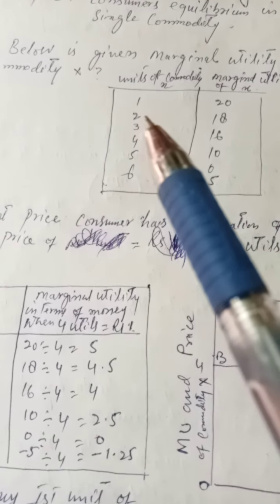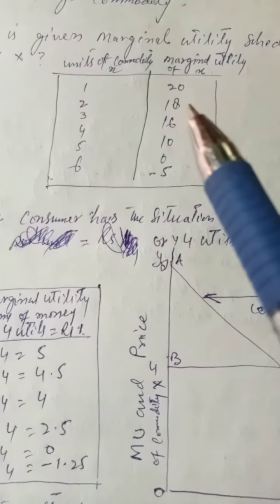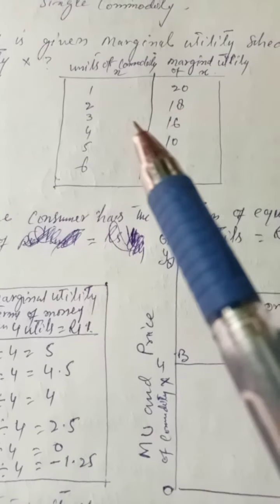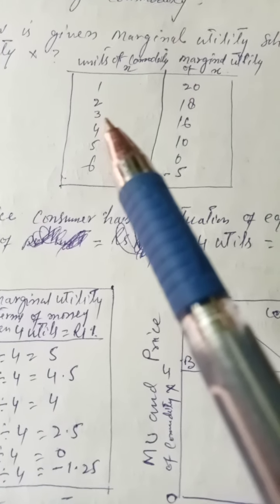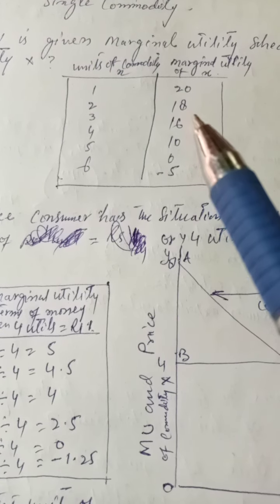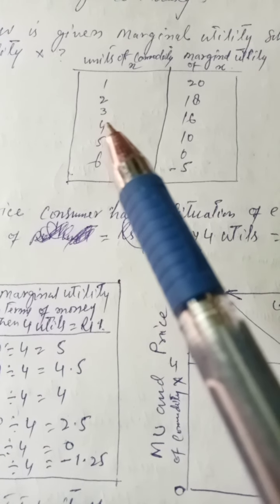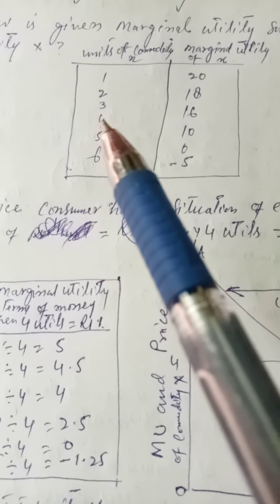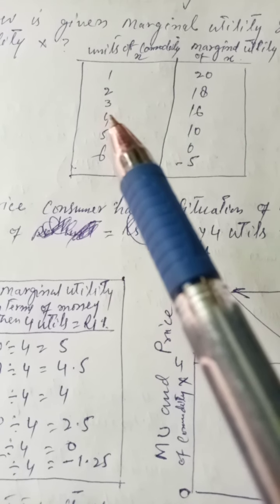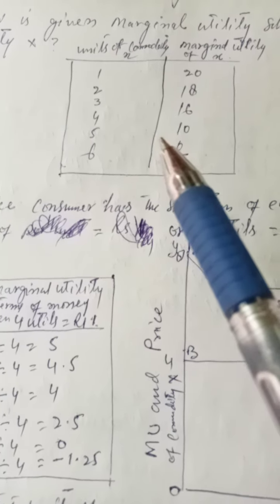So unit number 1, marginal utility is 20. When we consume the second unit of this commodity, marginal utility is 18. When we consume the third unit, marginal utility is 16.